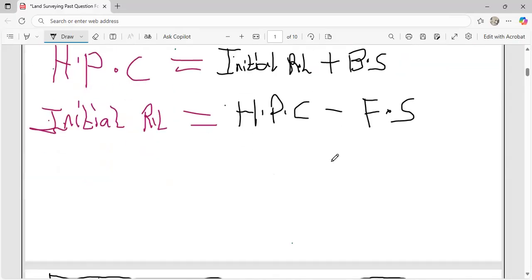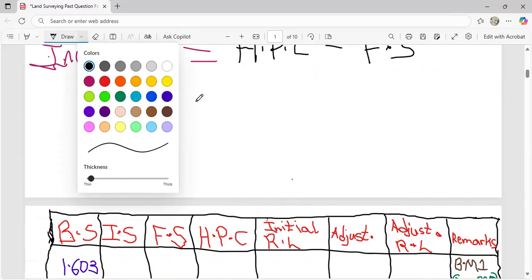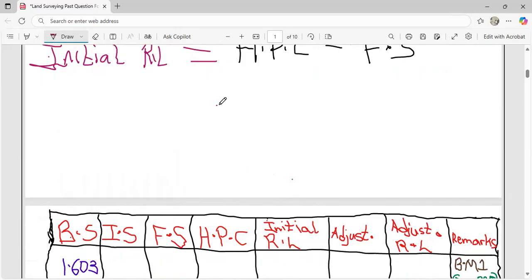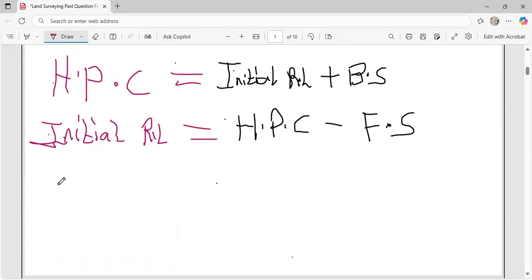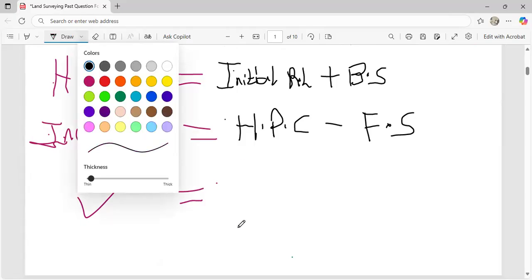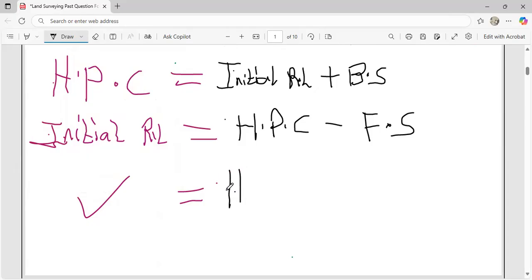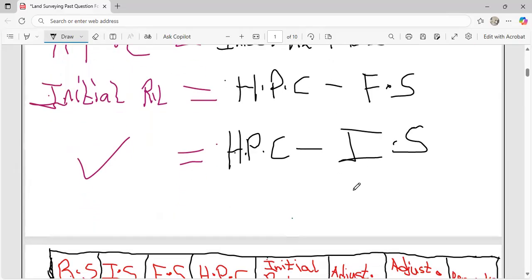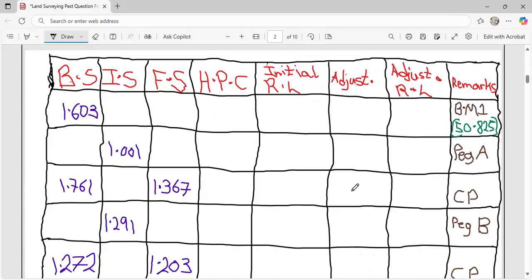And last but not least, let's put down our final one: the reduced level can also be calculated using the formula HPC minus the intermediate sight.